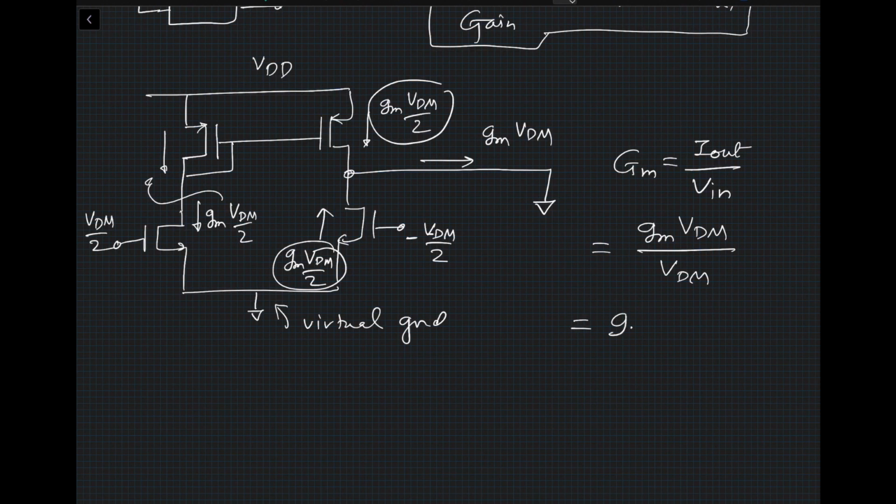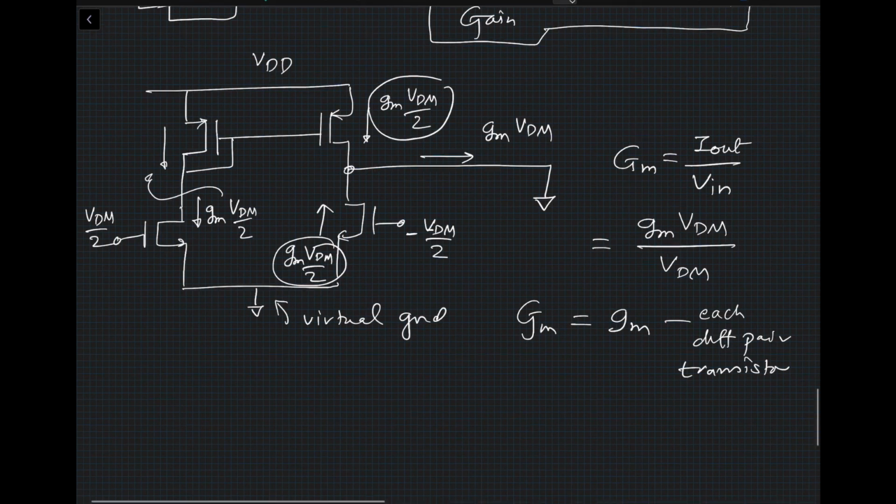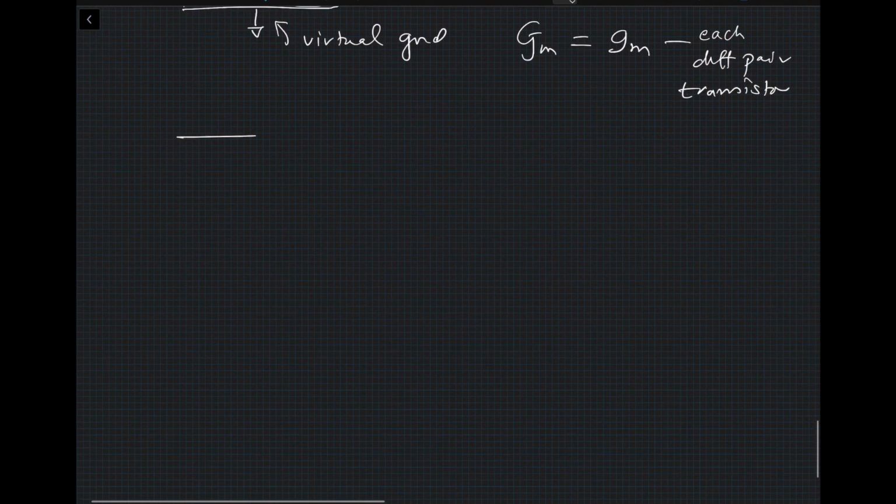This looks kind of obvious now: the GM of the big box is equal to the GM of each diff pair transistor. So the second step is we would like to figure out the R out. In the second step, we would again do the same thing.